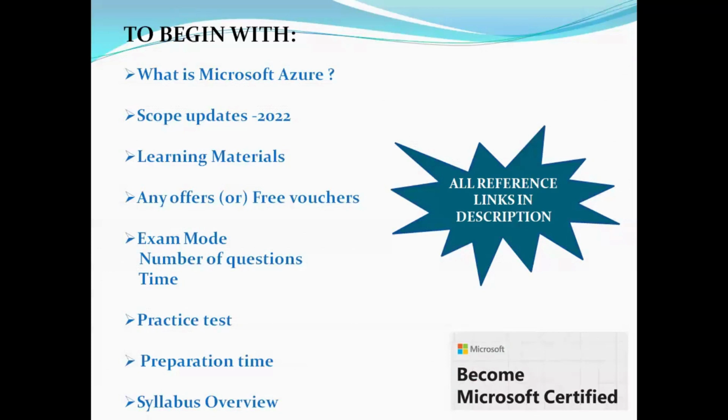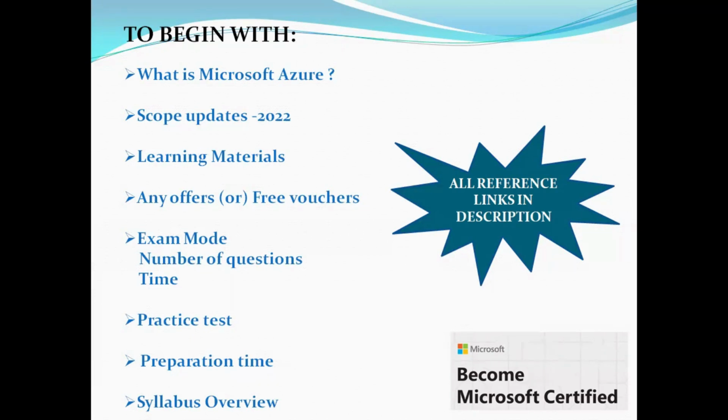Next is learning materials. If you are planning to take this exam, then the first preference to study is Microsoft Portal. There we have 6 e-learning materials to cover the scope of this AZ-900 exam. Also, if in case you have access to Udemy, then you have study materials in Udemy too.